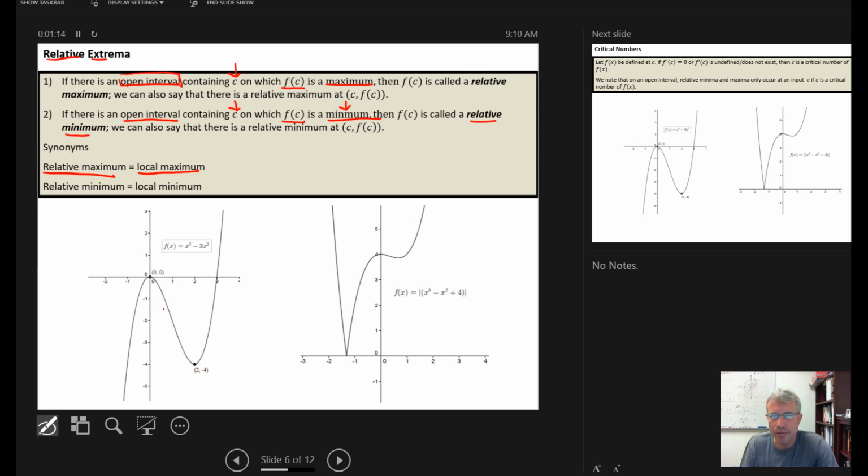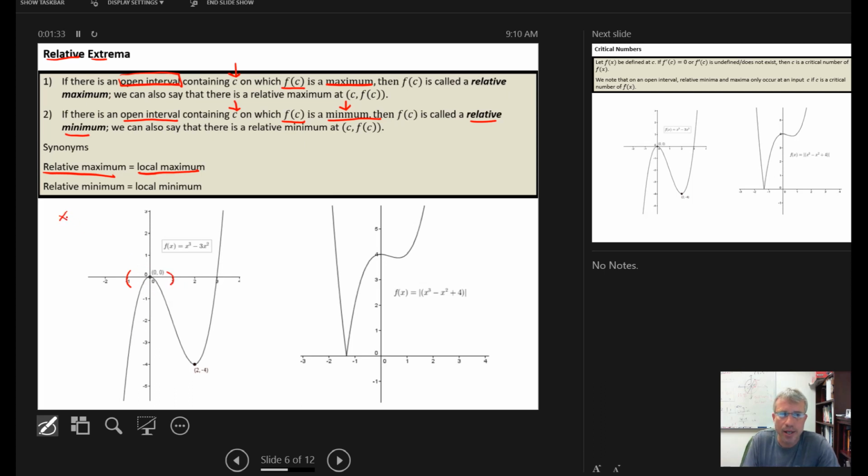So graphically, from pre-calculus, what we were looking for are local high and local low points on the function over open intervals. For example, for this cubic polynomial here, I could say, look at the open interval from -1 to 1.